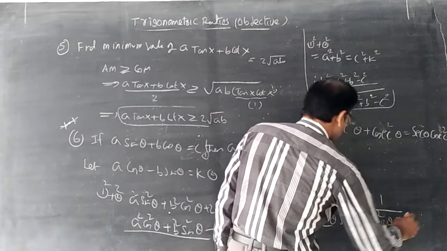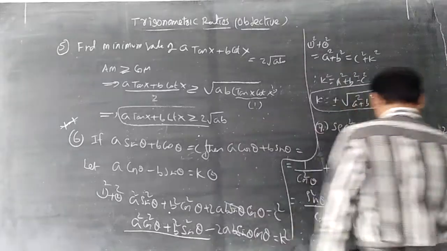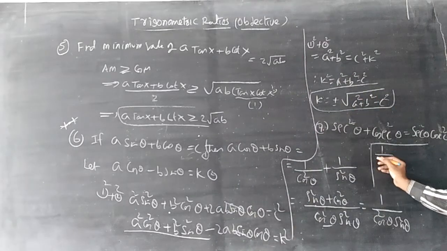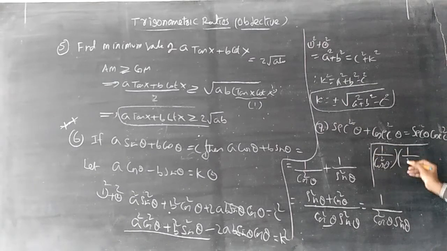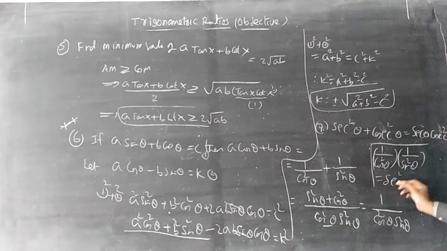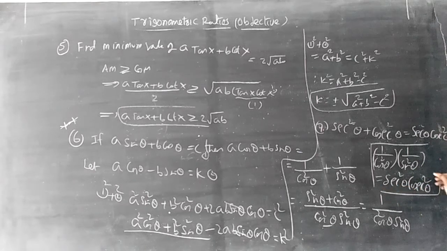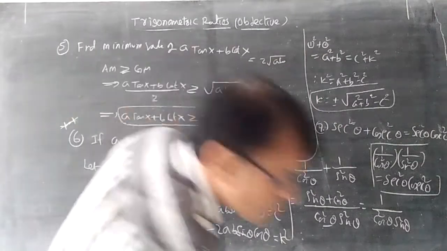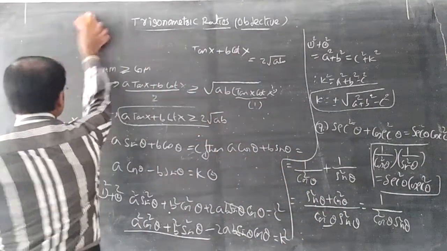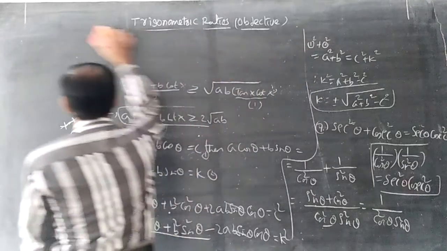So 1 by cos square theta into sin square theta. You can separately write it as 1 into 1. Write like this: 1 by cos square theta into 1 by sin square theta. 1 by cos square means secant square theta, and 1 by sin square means cosecant square theta. This will be useful in secondary integration also. Most important: secant square theta plus cosecant square theta.